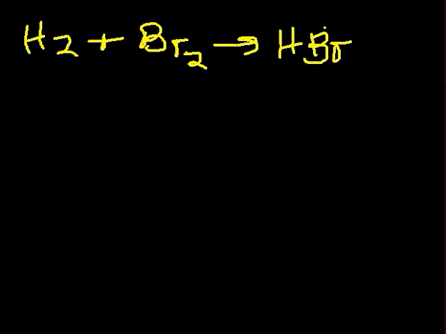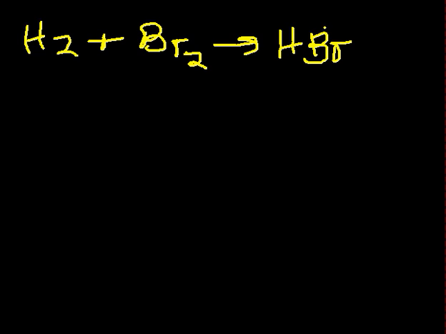So how should we balance this reaction? You have to understand that whenever we are balancing a chemical equation, the essence is that we should have the same number of atoms in the reactant side as in the product side. In other words, the number of hydrogen atoms in the reactant side should be the same as in the product side.